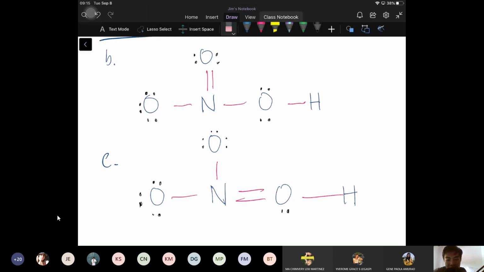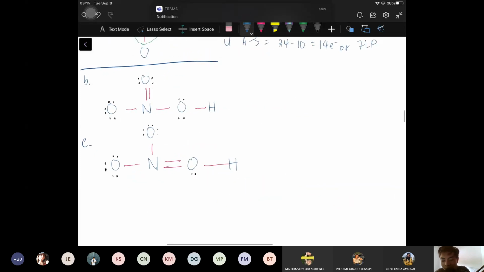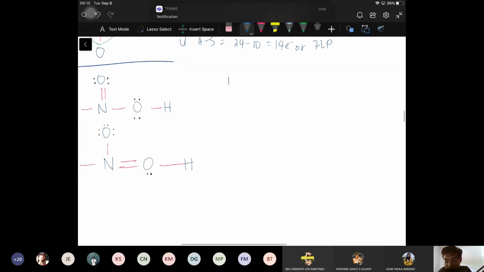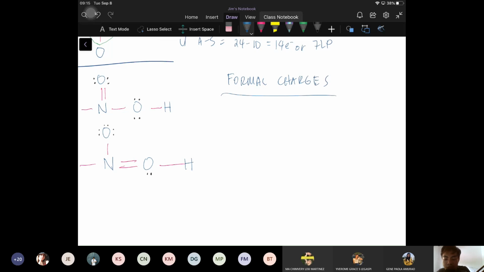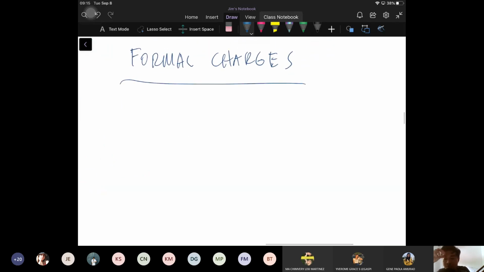Okay. So, to answer that, pupunta tayo sa next topic natin, no? Formal charges. Okay. So we will discuss formal charges. What are formal charges? When you say formal charge, this is the actual charge of an atom in your molecule.